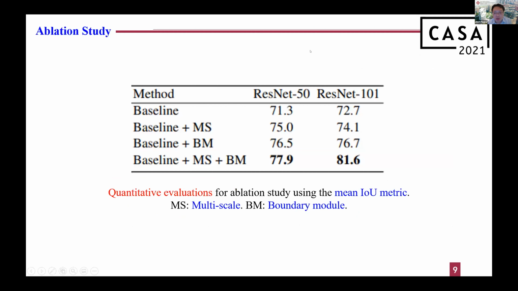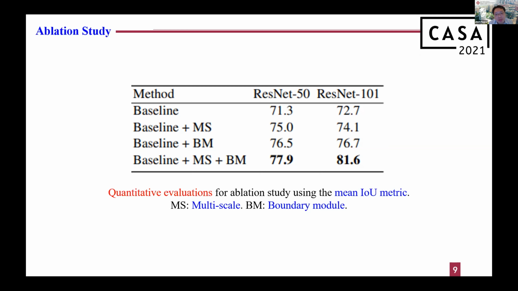So this is actually very basic research in computer vision and computer graphics. You need to compare with a state-of-the-art baseline, so we use state-of-the-art work as the baseline. Compared with the baseline, we can add the multiple scale streams. MS means multiple scale streams, and BM means boundary module.